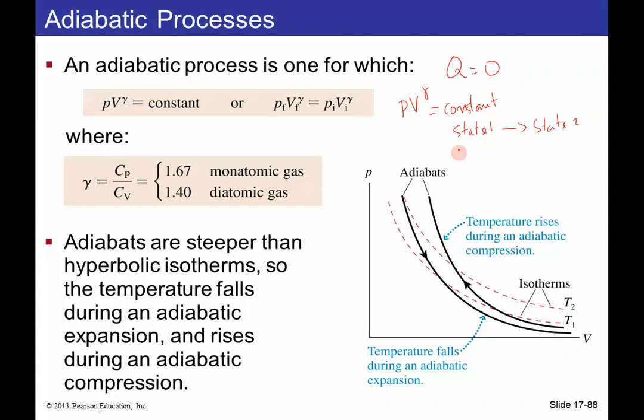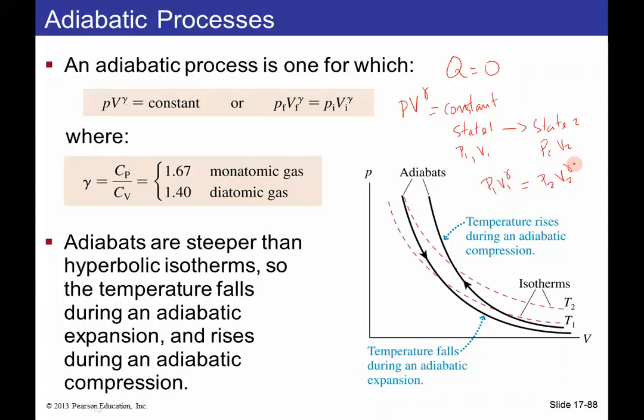We have P1 and V1 in state 1, and P2 and V2 in state 2. So what is true is that P1 V1 to the gamma has to be equal to P2 V2 to the gamma if this process was adiabatic. This is true, and we can use this to solve problems.